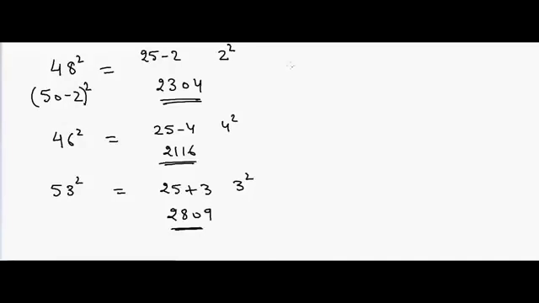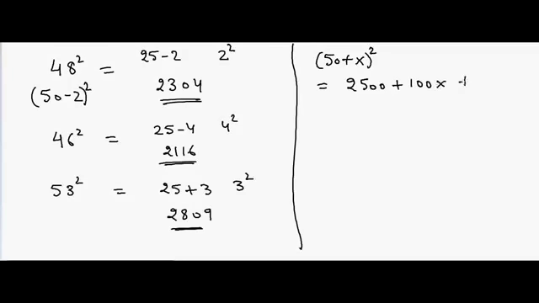How does this trick work? Let's look at the left side. If we have something close to 50, it can be written as 50 plus x whole square, and that can be written as 2500 plus 100x plus x square, or that will be equal to 25 plus x into 100 plus x square.